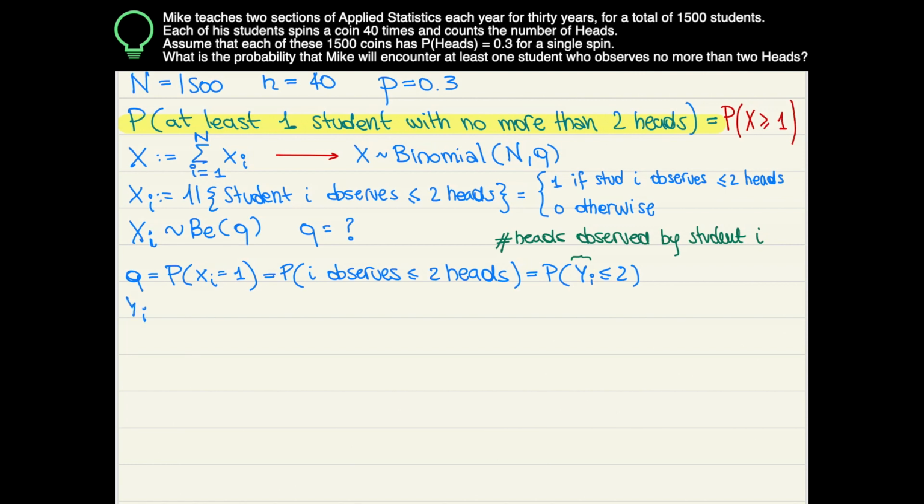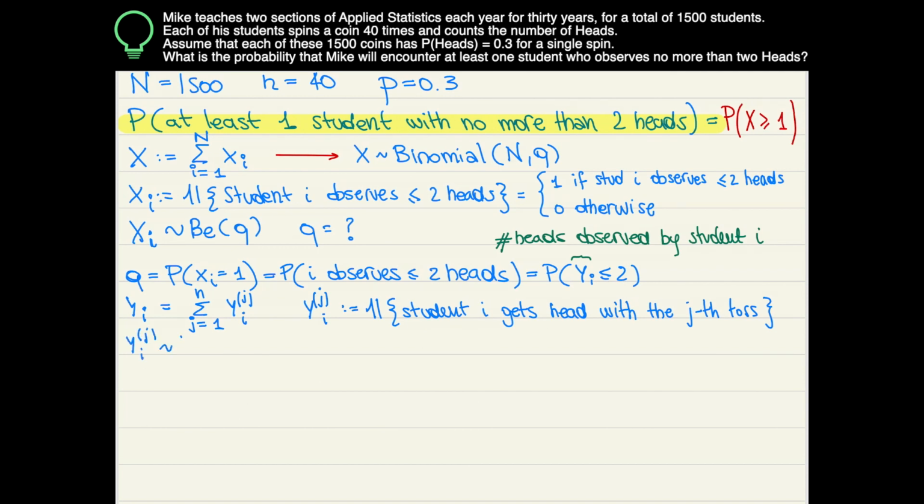As yi is the number of heads observed by student i, we can write it as the sum from j equal 1 to n of yij, where yij is a random variable that assumes the value 1 if student i gets head with the jth toss, and 0 otherwise. yij is therefore a Bernoulli random variable with parameter p.